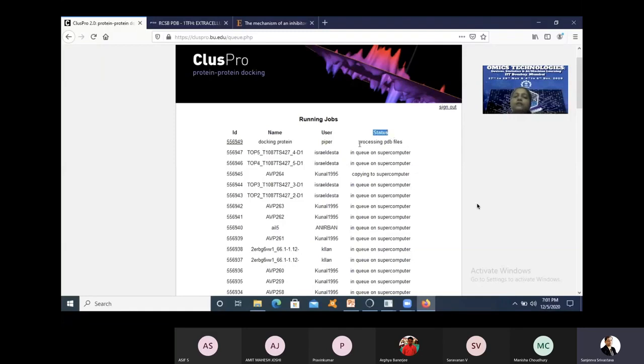Now it is saying that it is processing the PDB files, because before running on the supercomputer, the structure will be cleaned up and everything arranged in the required format. This is just like how we prepare the protein and ligands before molecular docking studies, where we remove the water molecules, clean up the protein structure, and add charges to the ligand.